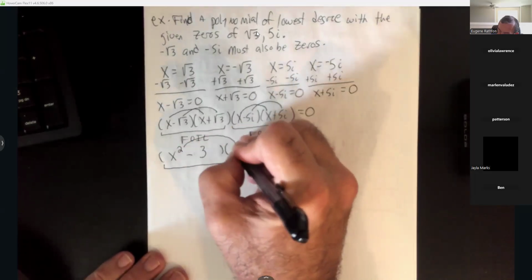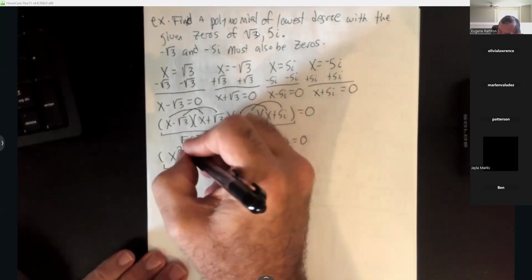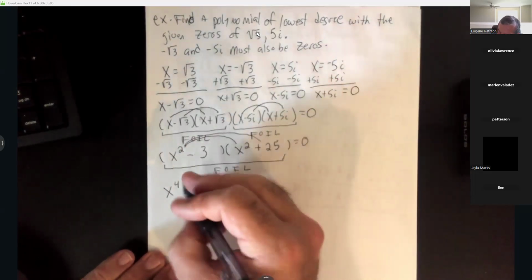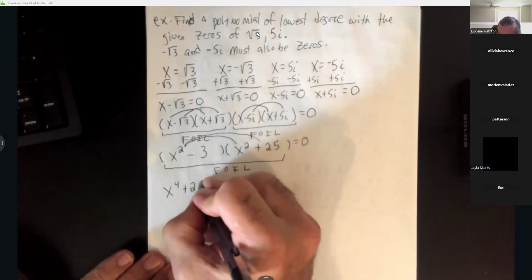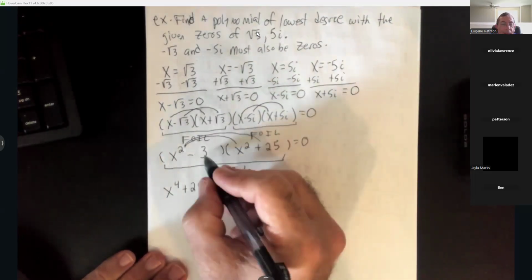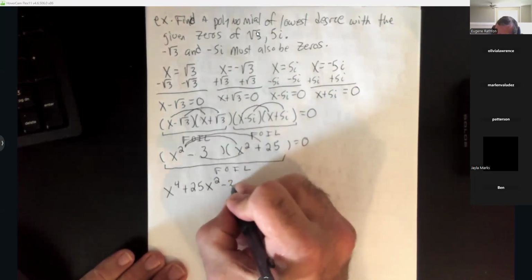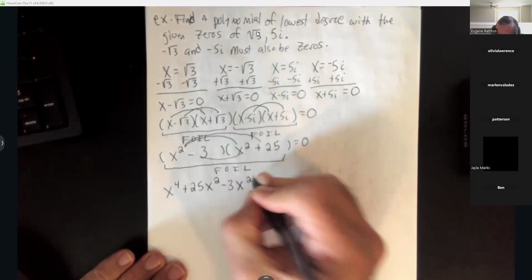So y'all, x squared times x squared is an x to the fourth. X squared times 25 is 25x squared. Negative 3 times x squared is a negative 3x squared.